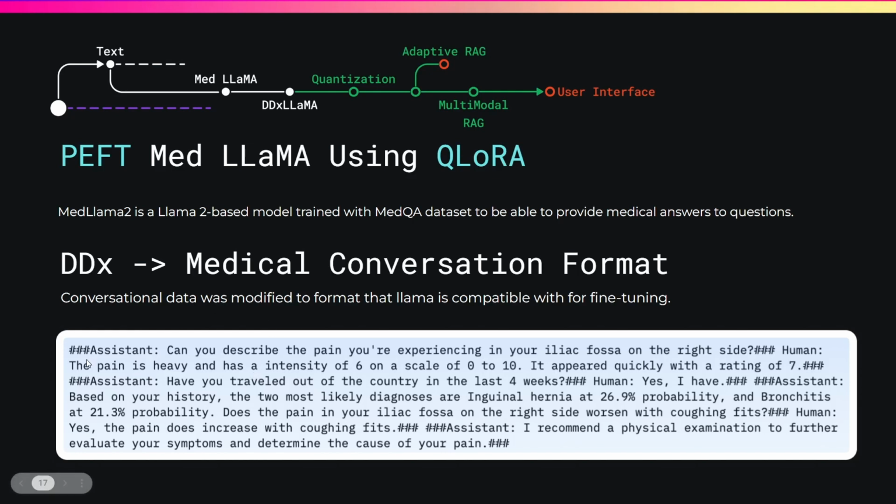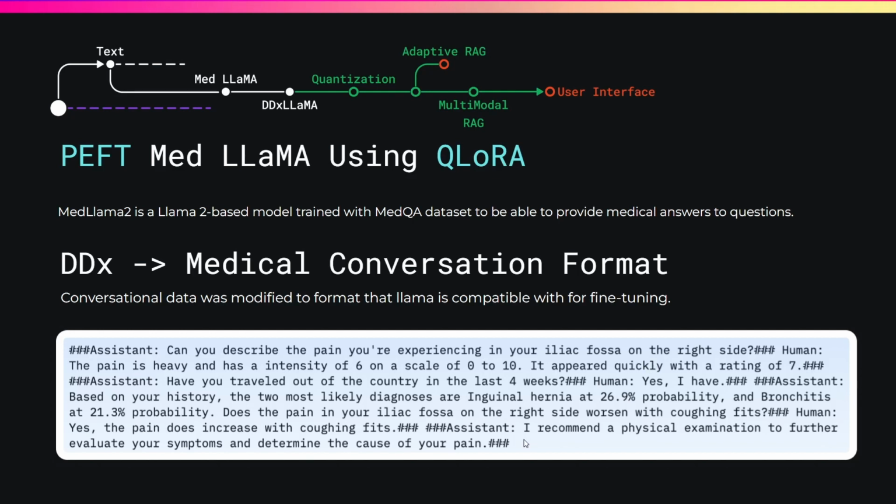As you can see, this is one of the points from the data that was used to fine-tune the MedLlama 2. There are two roles basically, assistant and human. Assistant is basically simulating a doctor, the doctor that I showed you previously, and human is the human that was previously in the conversation. This dataset was prepared for fine-tuning the MedLlama 2.